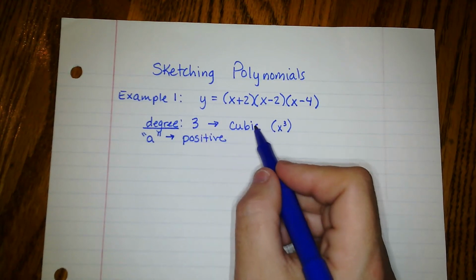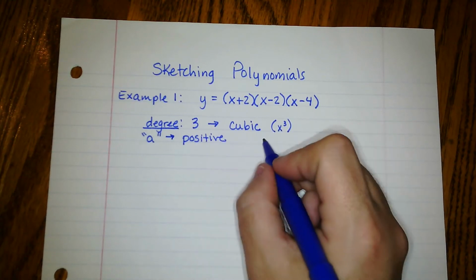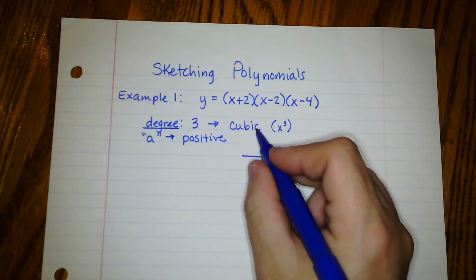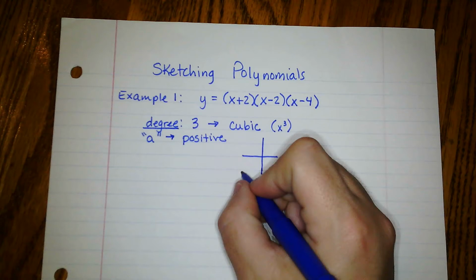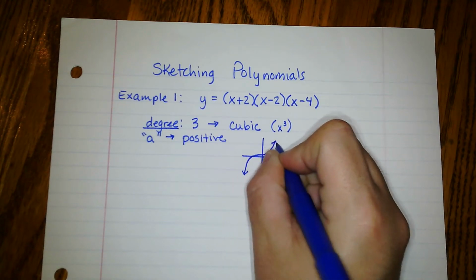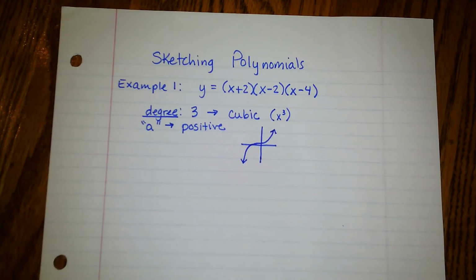Now I know it's a cubic, and I know it's positive, which means my basic shape for my cubic is going to be a lightning bolt because it's an odd function. And because it's positive, it starts down and it ends up. So it's going to look something similar to that. That's the basic shape of it.